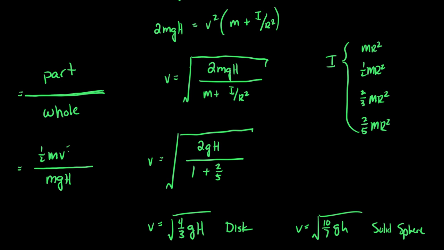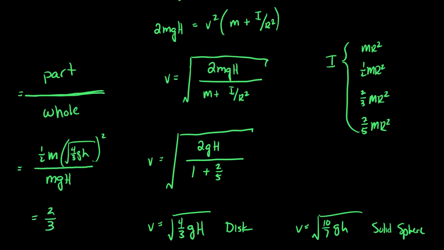If I replace that v with my square root of 4/3 GH squared, this is going to give me a term with mgh on the top. Do you see that? In fact, when I square that and multiply by 1/2, this whole thing becomes 2/3.